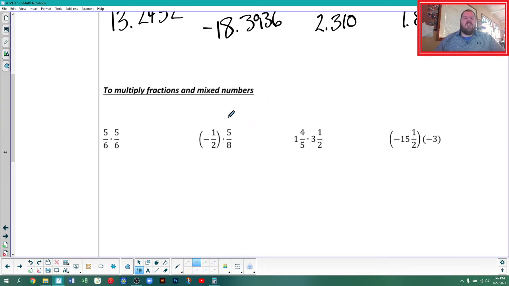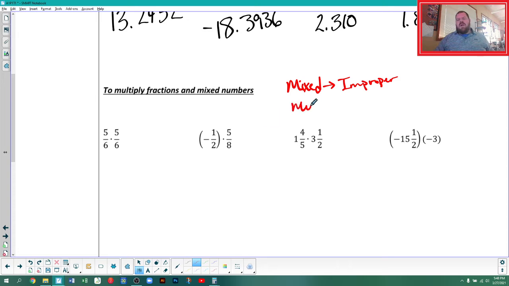So we want to find a way to do that part by hand, because also it is quicker. The first thing we always want to do is check for any mixed numbers, and go from mixed numbers to improper fractions. So mixed to improper. And then for multiplying, that's what we're focusing on right now.